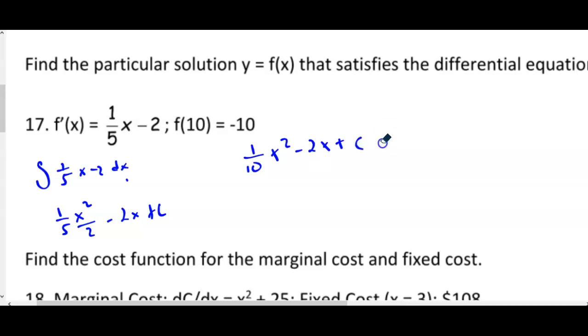All right. And so we're going to take that and set this whole thing equal to -10. So we're going to say -10 and then plug in 10.